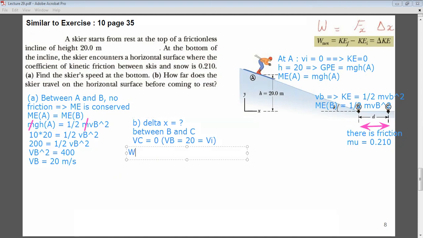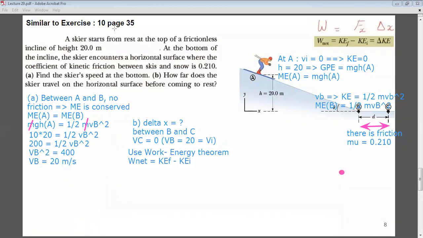Here there is a friction between B and C, so we have to use work energy. So W net. So use the work energy theorem. W net is equal to delta kinetic energy, or kinetic energy final minus kinetic energy initial. W net, what are the forces between B and C? Let's draw our object. So this is the guy.